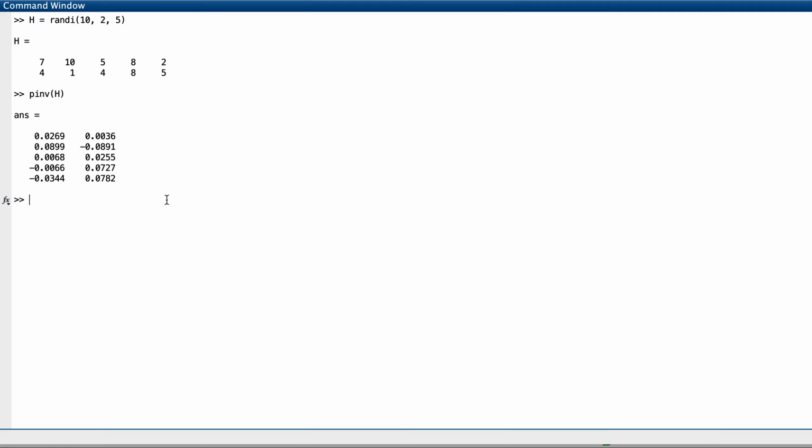And if you want to find the pseudo inverse by using the factors of singular value decomposition, then you can find the singular value decomposition matrices using this function.